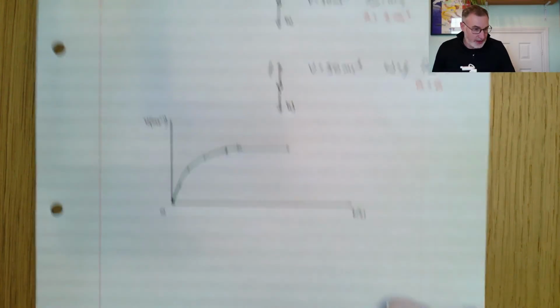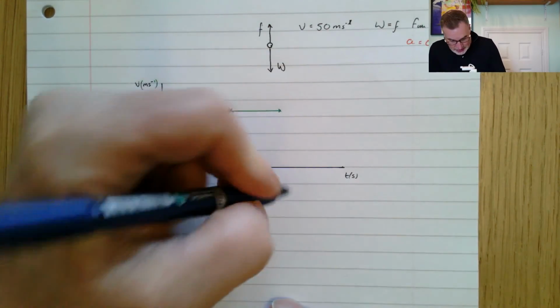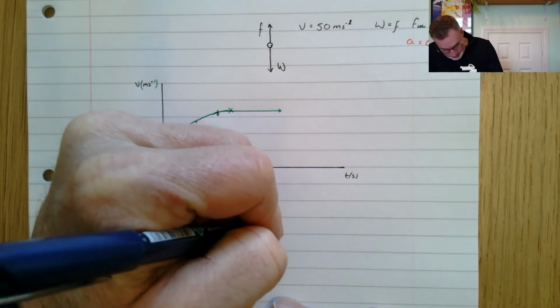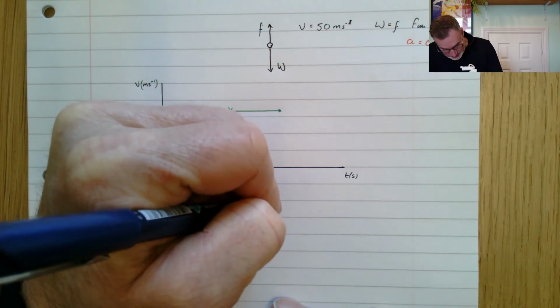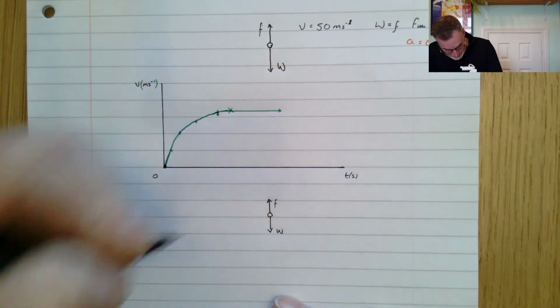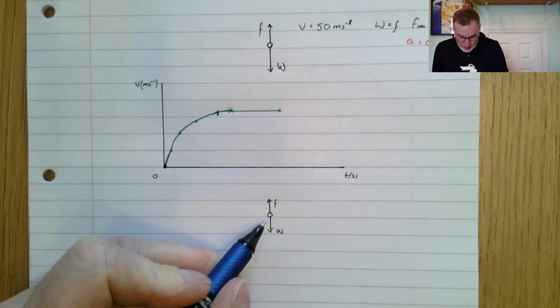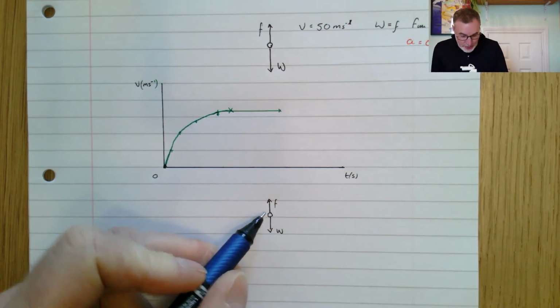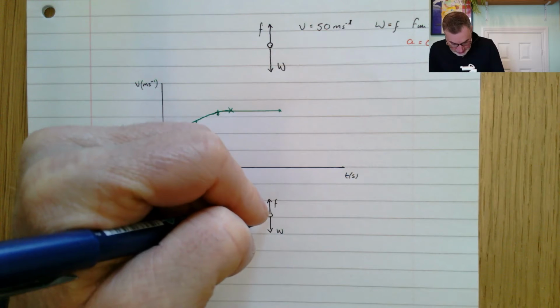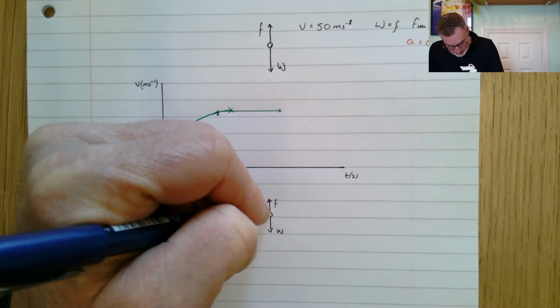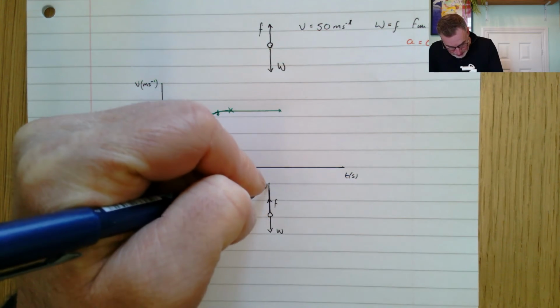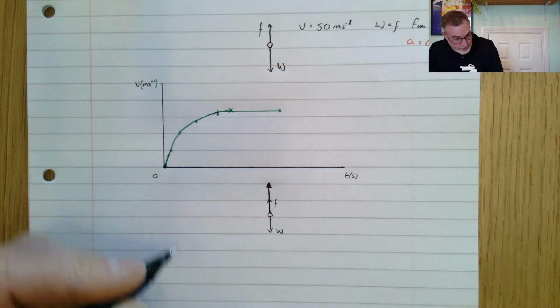Now sometime later, let's just imagine the skydiver is approaching the ground, moving at terminal velocity, and they open the parachute. So when they open the parachute, suddenly this frictional force becomes much larger.